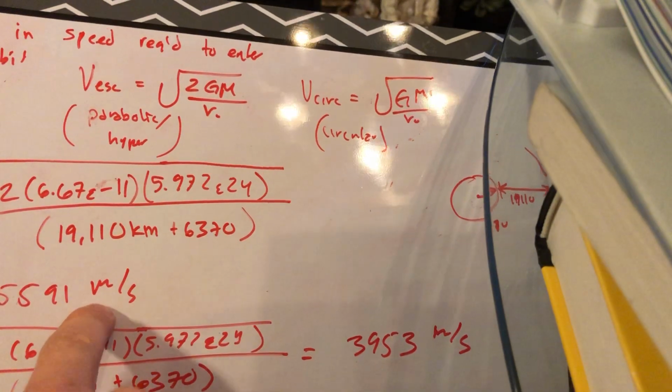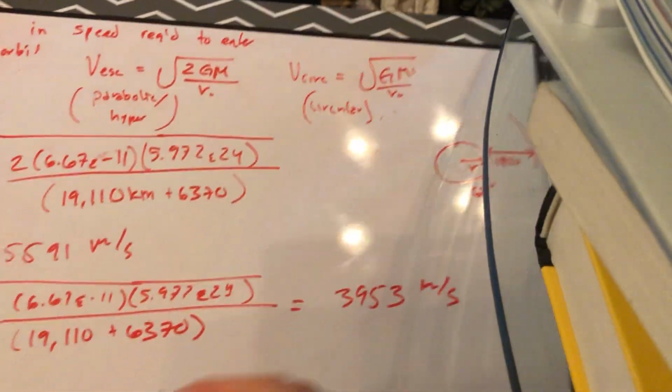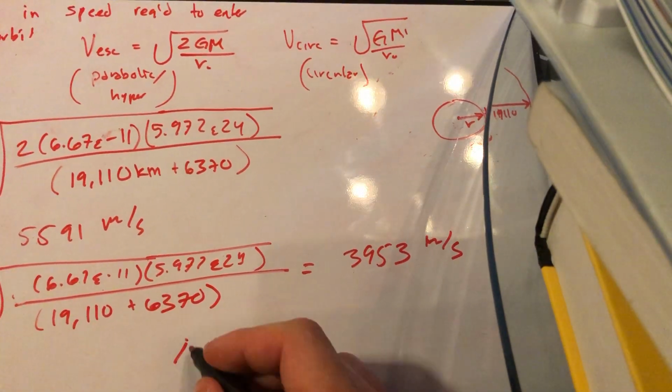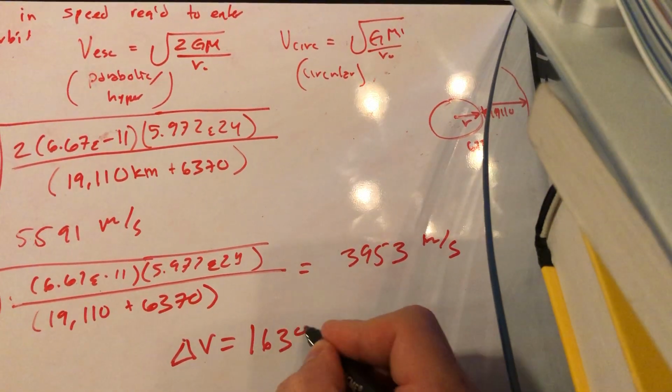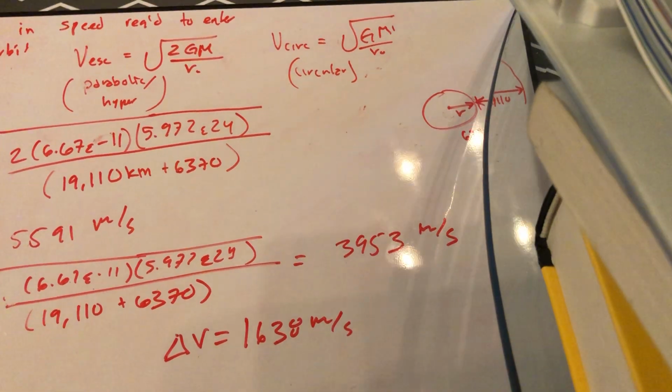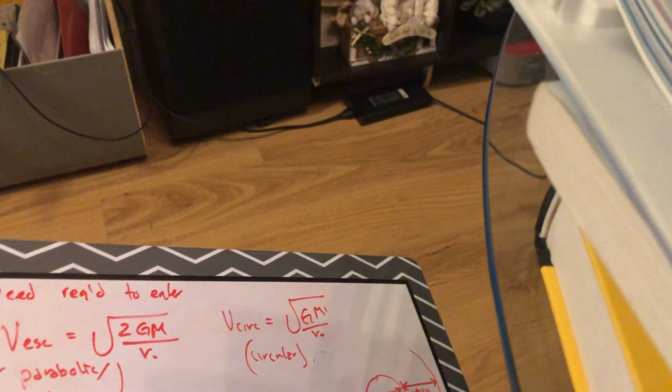So we take this term, subtract this term, and the delta V difference is actually 1638 meters per second. Cool, so that solves A. That is how much you need to increase your velocity to escape the Earth's orbit.